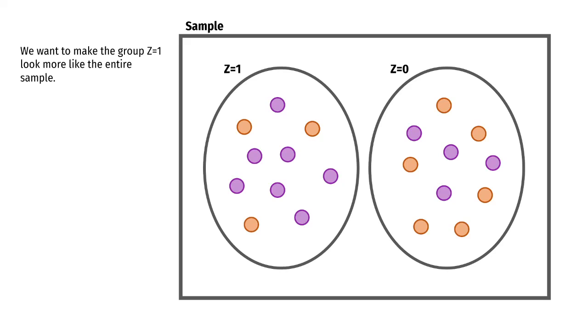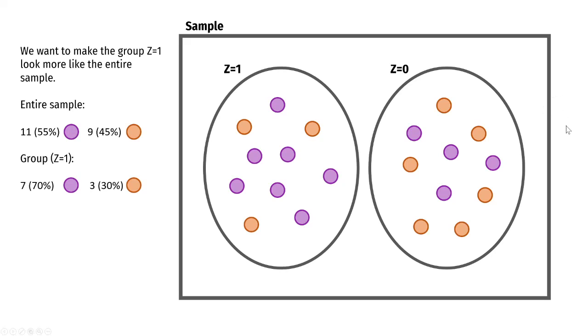So z equals 1 in this case, there are much more purple units in the respondent group, and on the other hand, there's much more orange units in the non-respondent group, okay? So that imbalance basically means that my group of respondents doesn't really look that much like the entire sample. The entire sample is fairly divided between orange and purple units, while clearly the respondents, or z equals 1, is dominated by purple units.